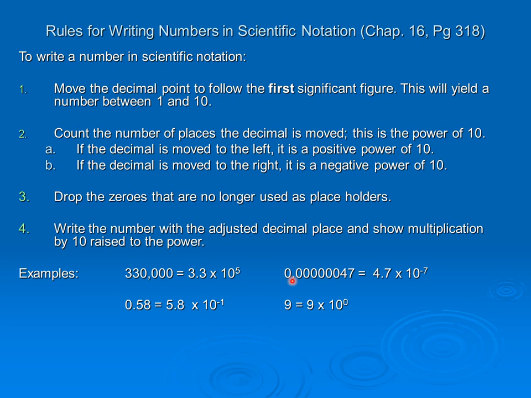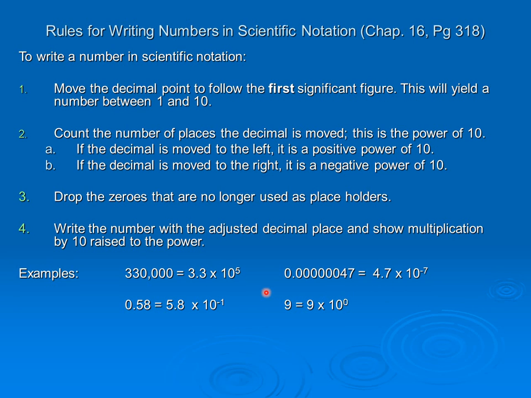Let's count it: 1, 2, 3, 4, 5, 6, 7. Once we move it 7 positions, this number becomes 4.7. Now we write it as 4.7, and since we moved the decimal point 7 positions, the power is going to be 10 to the -7. The reason it is negative is because you are moving to the right. If you move to the right, that's negative. Move to the left, the power will be positive.